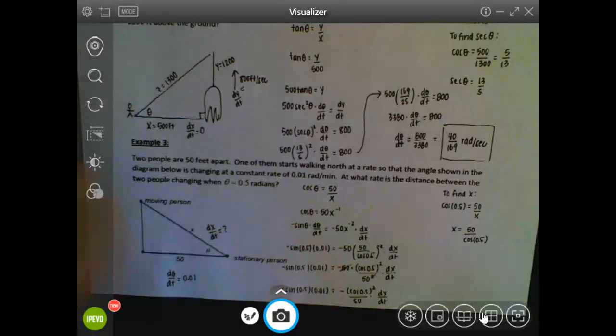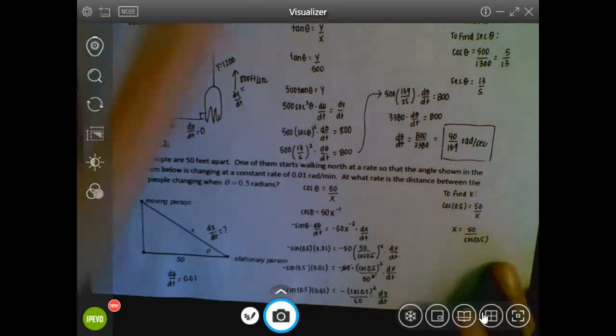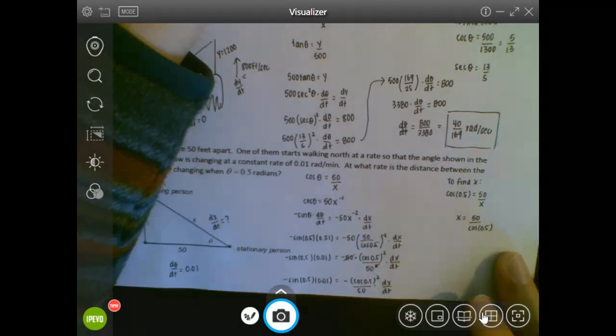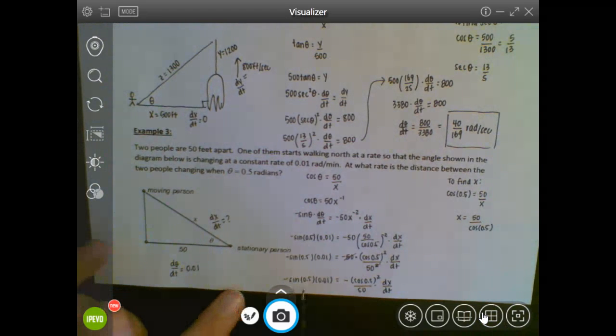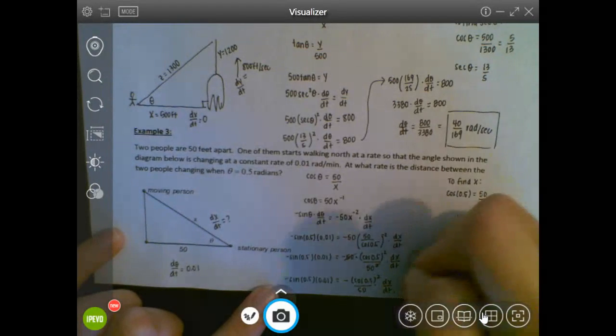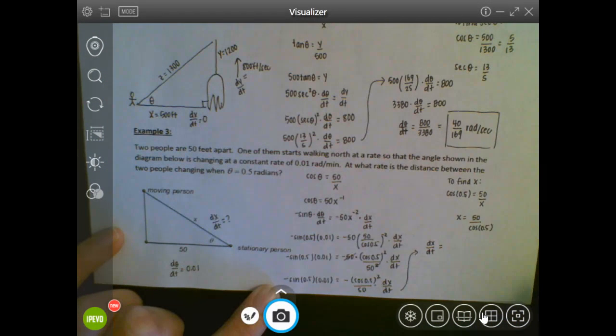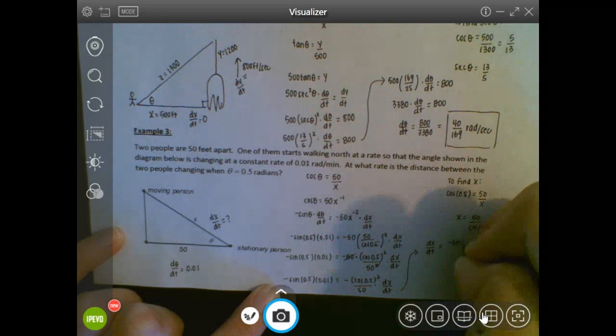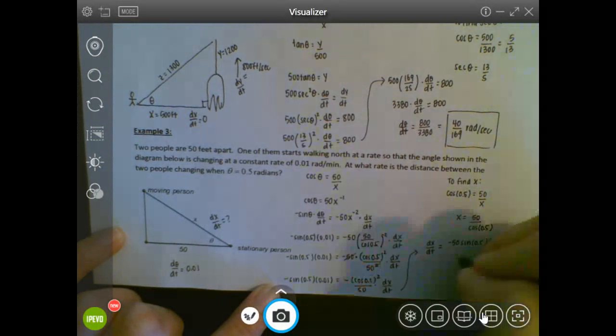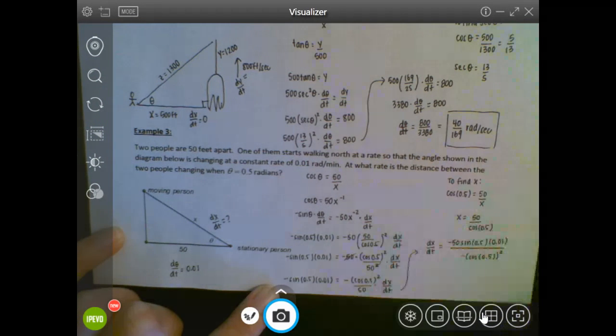And then what we would just end up doing here, you could just multiply by the reciprocal of this term over here to get the dx dt by itself. Running out of room here, but dx dt would be equal to negative 50 sine of 0.5 times 0.01, and then that would be divided by negative cosine of 0.5 squared.